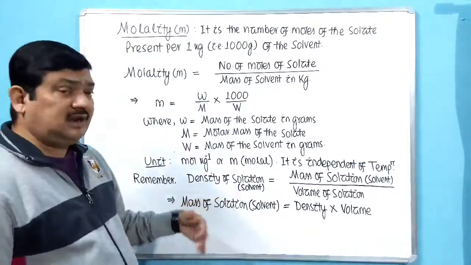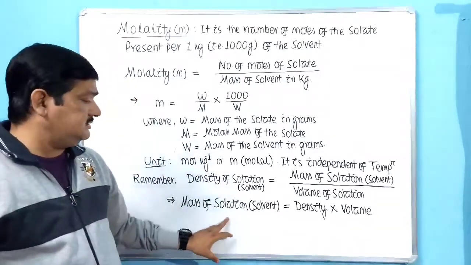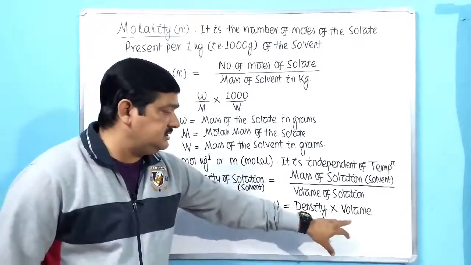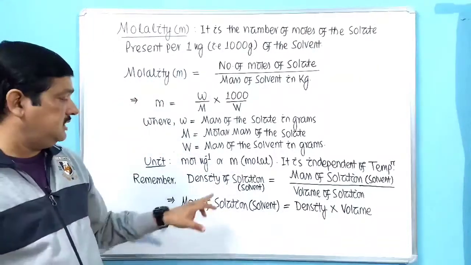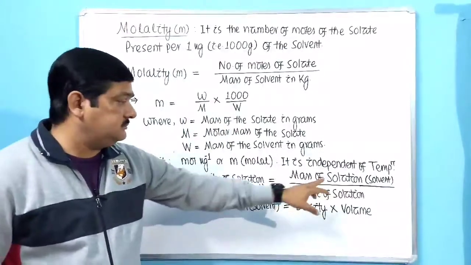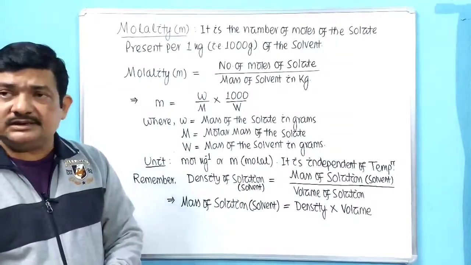Then in some cases you have to calculate the mass of the solution or the mass of the solvent. How can we do it? By multiplying density into volume, because we know density is equal to mass by volume: mass of the solution or solvent divided by volume of the solution or solvent.